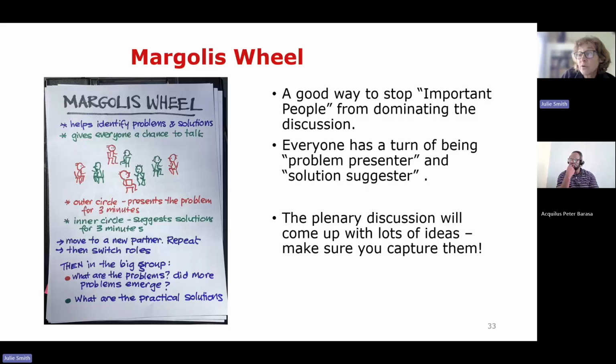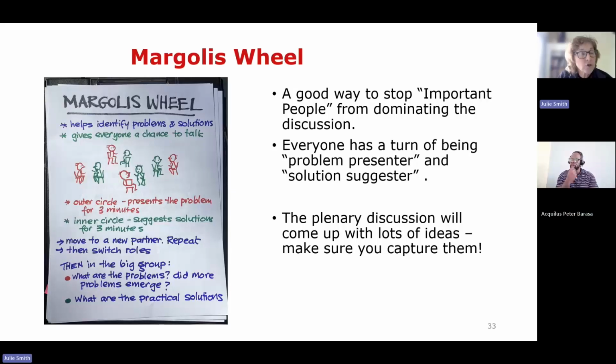So what you do, for example, if you've got say a group of 10 people, you get people into groups of 10 and you have an outer ring of chairs and an inner ring of chairs, and each person is paired off. And you move around. So each person spends 3 minutes as a problem presenter. So they're the ones on the outside, and they talk about what they see as the problem.